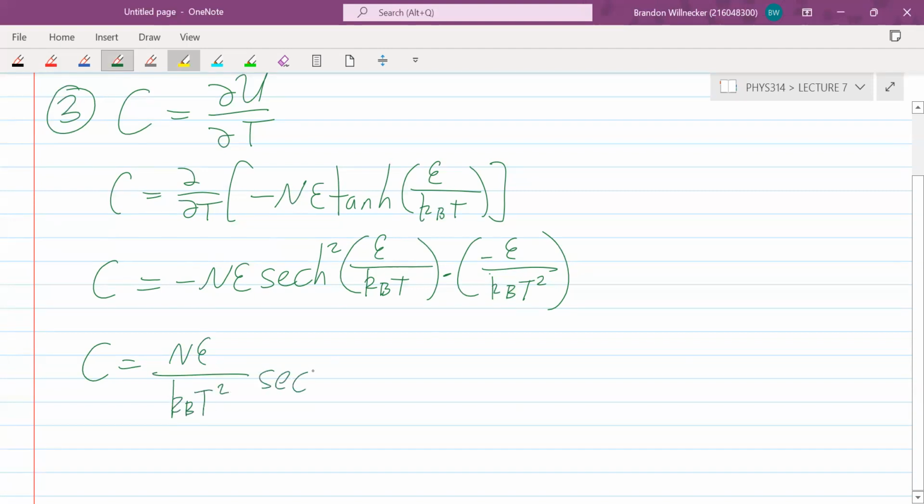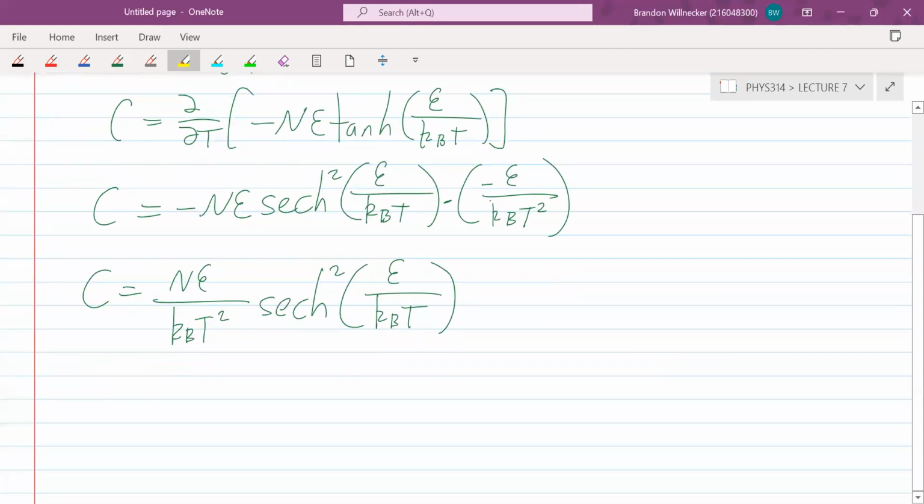And then we have sech squared epsilon over kBT. Now the clue that we need to look for when trying to make this nice and unitless and size independent is this bottom bit here, kBT squared.